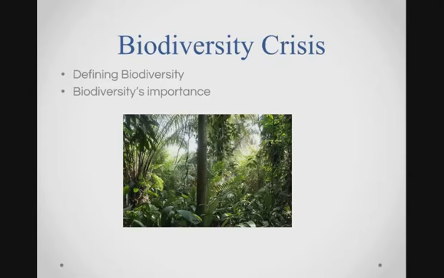Now they're talking about the 6th mass extinction, and this mass extinction will be based on humans' impact on the planet. So we need to really understand the life on our planet, how the human population is affecting the different species that inhabit our planet. And when one species goes extinct, it affects the other species in that same community. And so we need to understand how we are affecting the planet and what we can do about it.